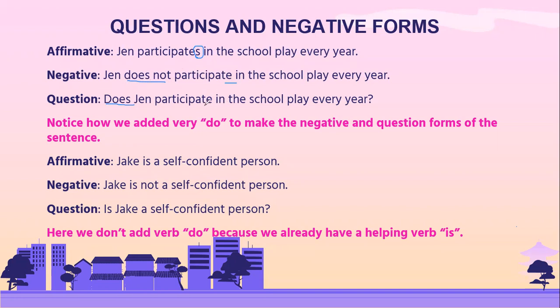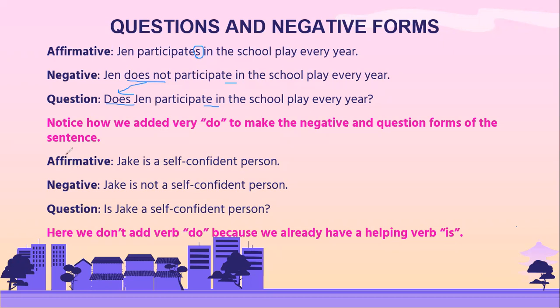So also we remove the S because we have does, and here does starts at the beginning of the sentence. We start the sentence with does. Does Jen participate in the school play every year? Of course, question mark at the end. So notice how we added the verb do to make the negative and question forms of the sentence.